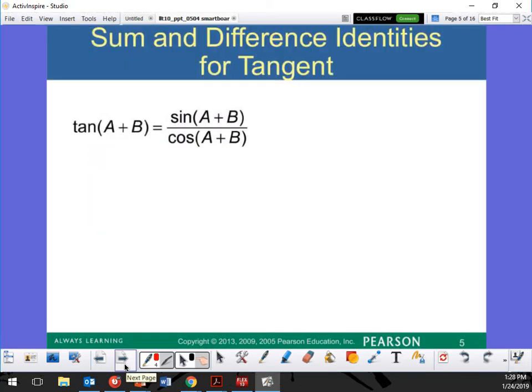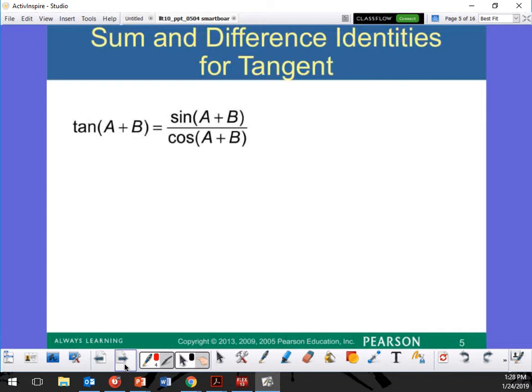Okay, here's tangent. Because we know tangent is sine over cosine, right? Since we have the formula for sine and we have the formula for cosine, we can go through and do the work to come out with a real working version for tangent. You guys don't have to do this, but it is possible.